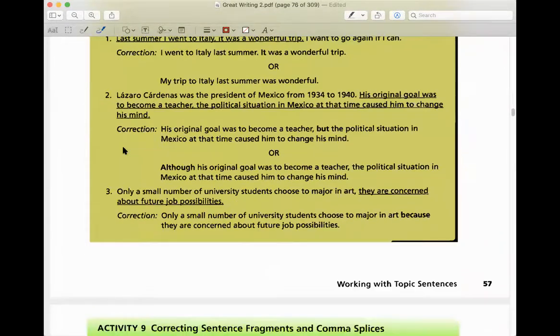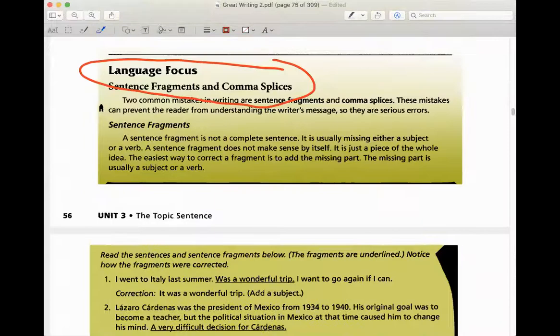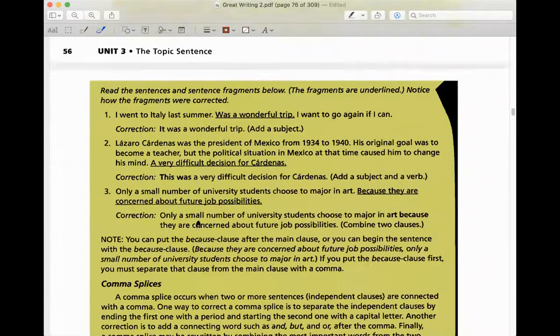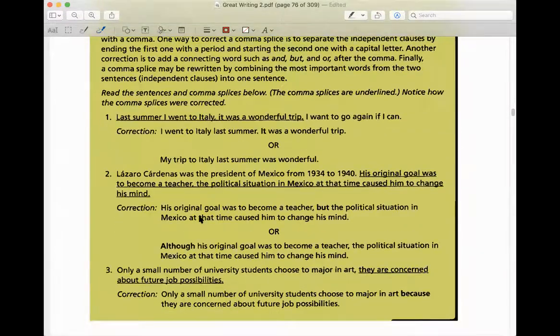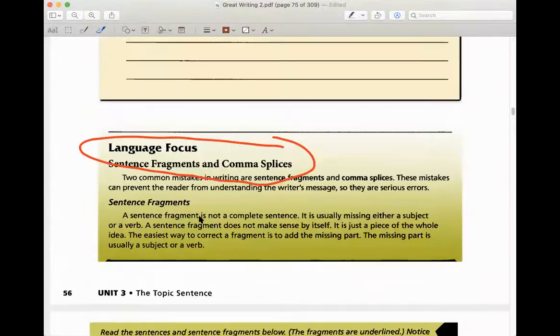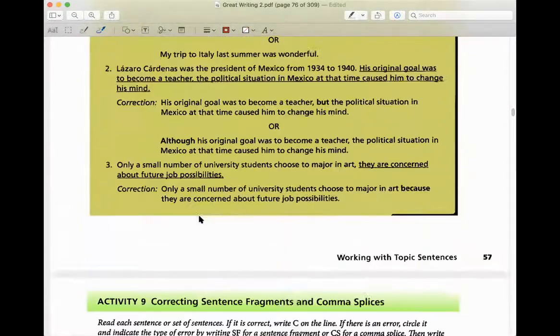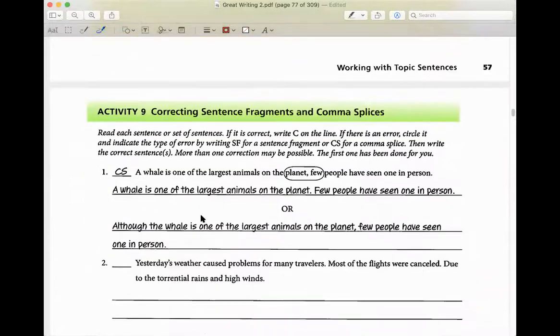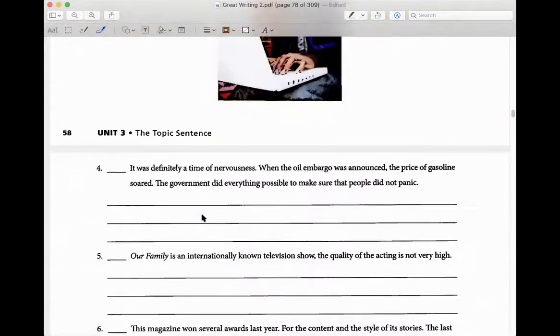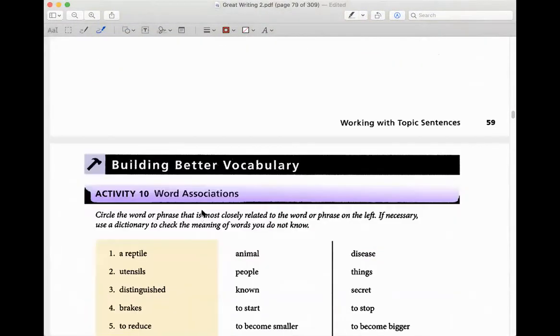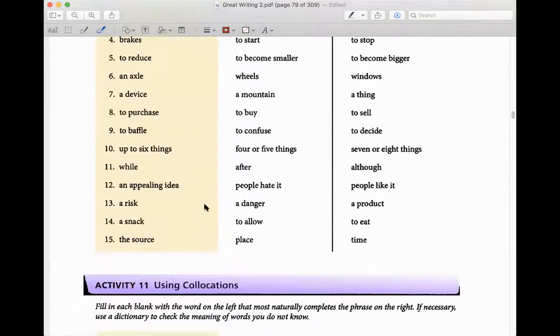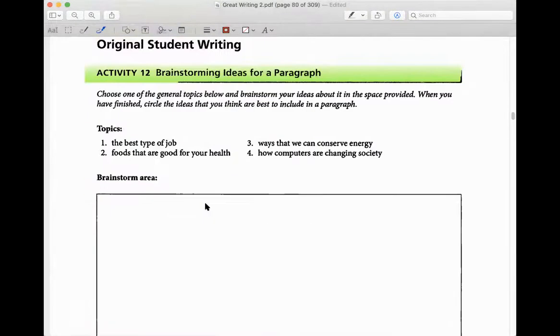Okay, so focus on this whole box here about comma splices and sentence fragments is very important. Okay, let's move along. Hope you're not getting too dizzy as I cruise through this book.